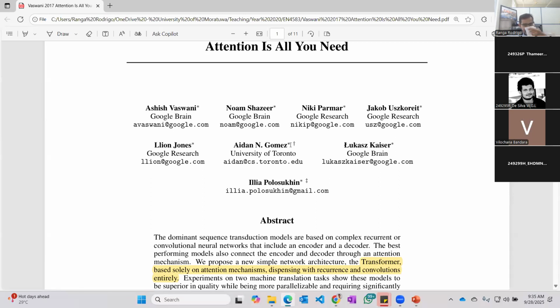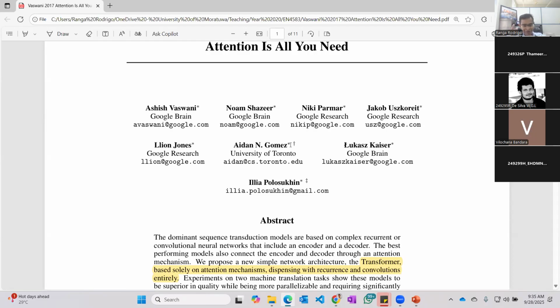So you can see Google's current language models and ChatGPT and all language models, and even vision transformers and how computer vision works now, are based on this Attention Is All You Need transformer architecture.